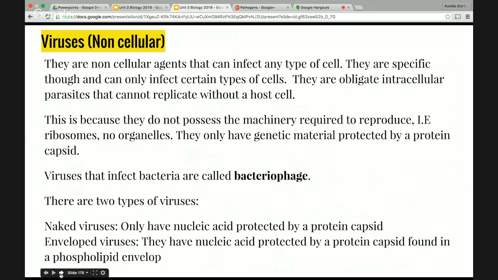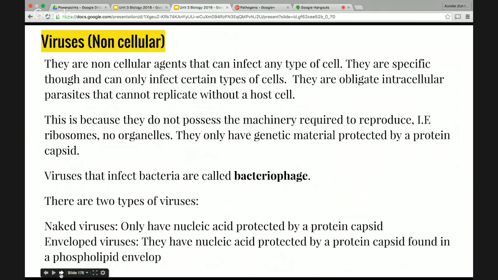This means that they can't actually produce any protein, and they can't reproduce by themselves. What they have, though, is their own genetic material, which is protected by a protein capsid. There are certain types of viruses that can infect bacteria, and those are called bacteriophage.